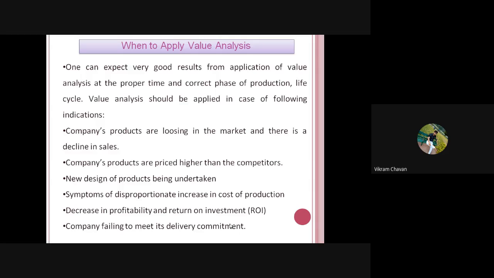So under what condition do we carry out this analysis? The product is already in the market, we have launched the design and produced a number of components, but why do we need to perform the value analysis?